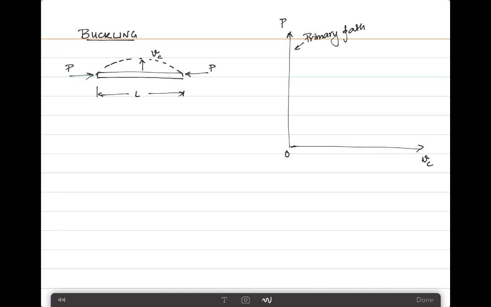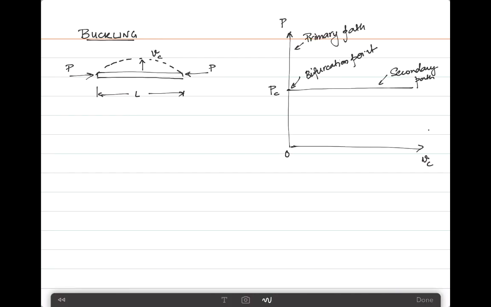Now at a certain point, say somewhere over here, a critical load PC is reached. At this point, there is a secondary or alternative path that originates, and this is called the secondary path. The two paths will intersect at a point called the bifurcation point, which refers exactly to the point where PC is reached.